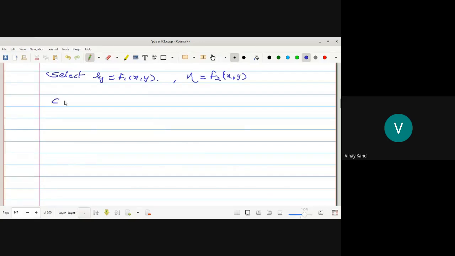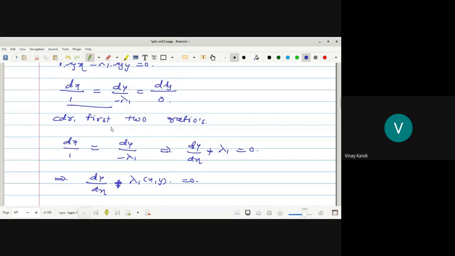Now consider the next step. For this choice of xi and eta, what do we get? This one, first the function A of xi x, xi y is equal to, what is the value of this one?